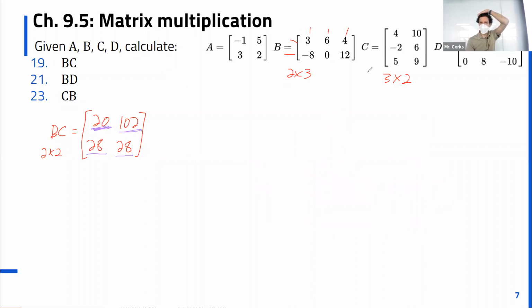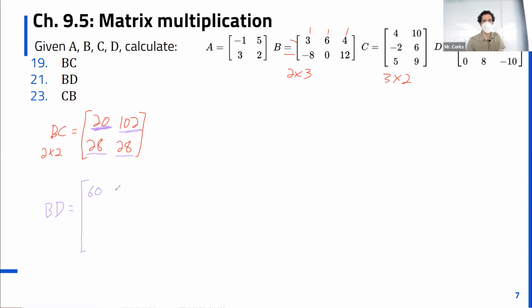Our second was B times D. Is that possible? Yes, okay. So B, I just had B, I shouldn't have erased it. B times D. Who wants to give me the result here? Okay, G, go ahead.